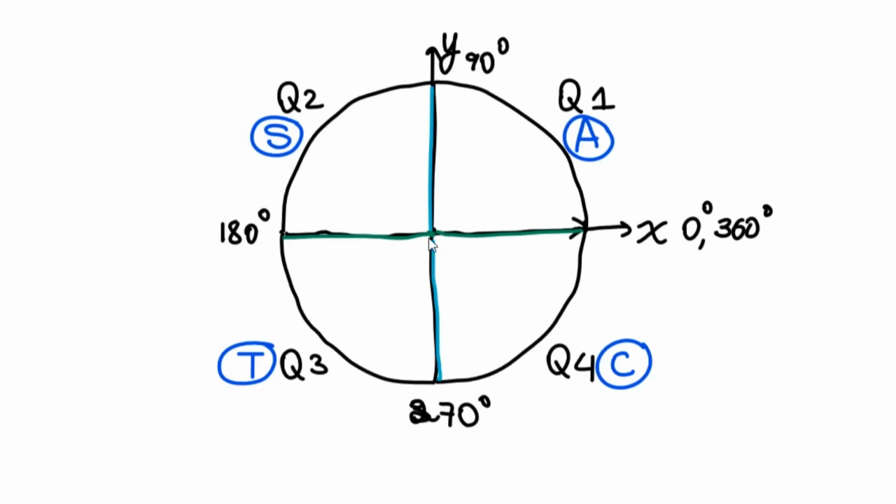For a 90-degree angle, sine ratio is equal to 1, cosine is equal to 0. For 270-degree angle, sine is equal to negative 1, cosine is equal to 0. The tangent ratio for the 90-degree angle and the 270-degree angle is undefined. And for 180 and 0, 360, the tangent ratio is equal to 0.